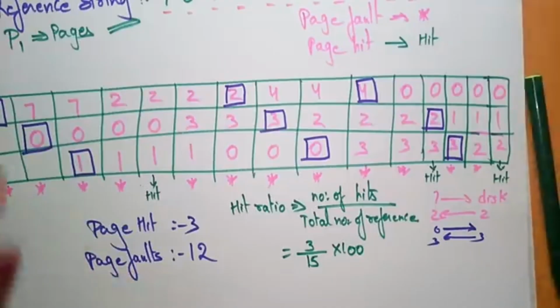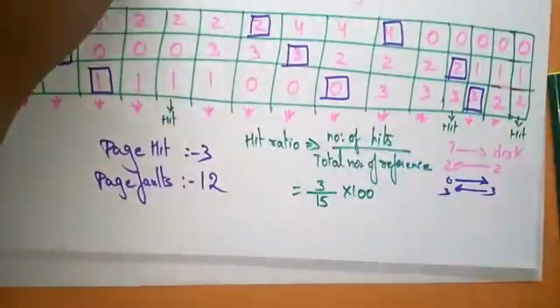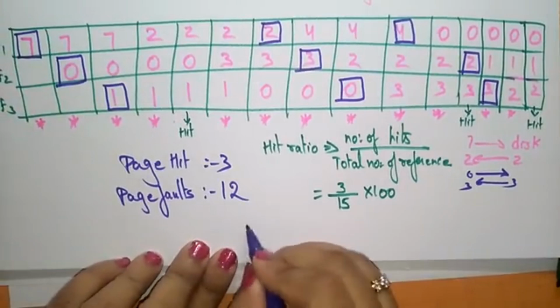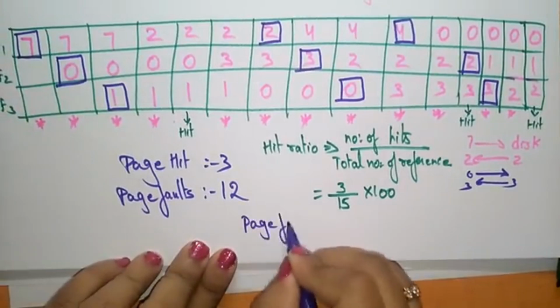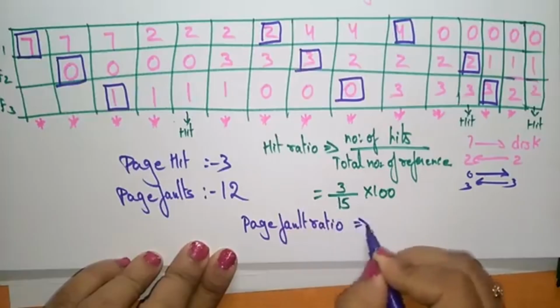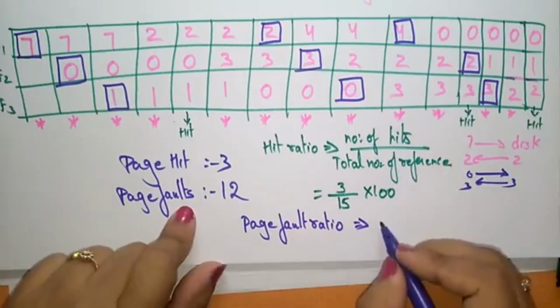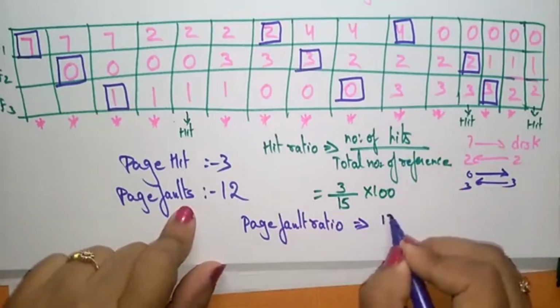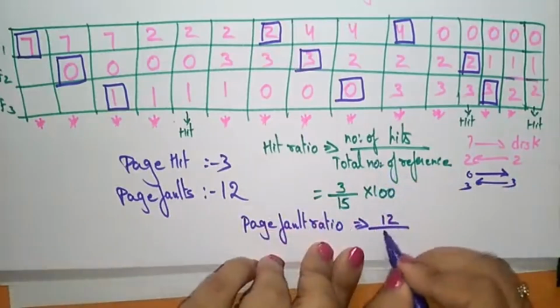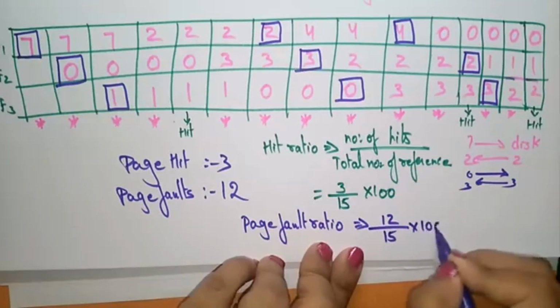Okay. And we can also calculate the page fault ratio. This is calculated by number of page faults, that is 12, by total number of references, that is 15, into 100.